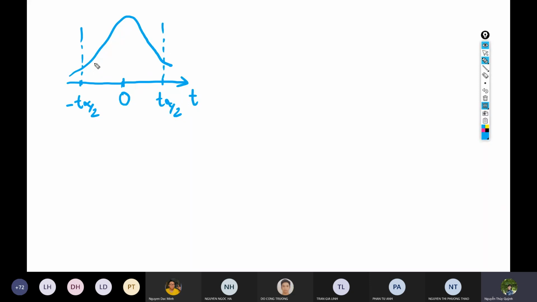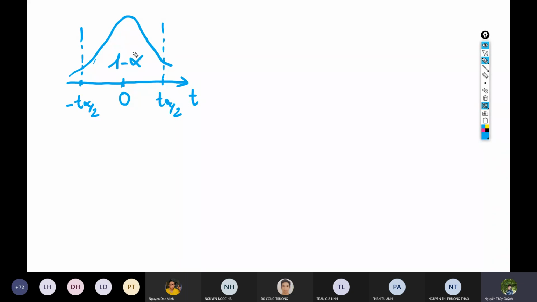So you can see that this is the region of acceptance, and its area is very large, it is 1 minus alpha. It might be 95%, 99%, or 90%. So the area of the region of acceptance is a large one.